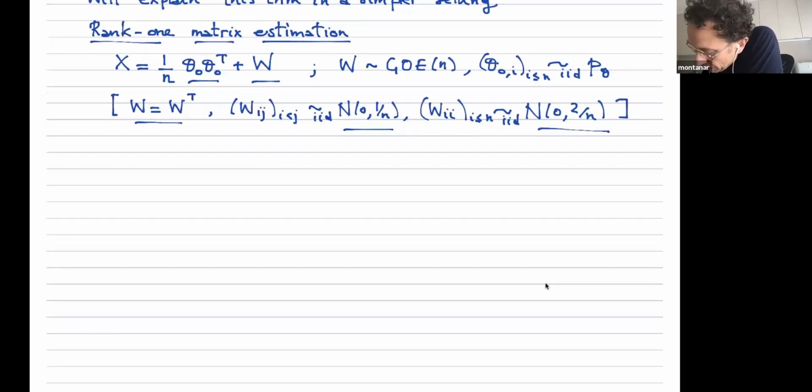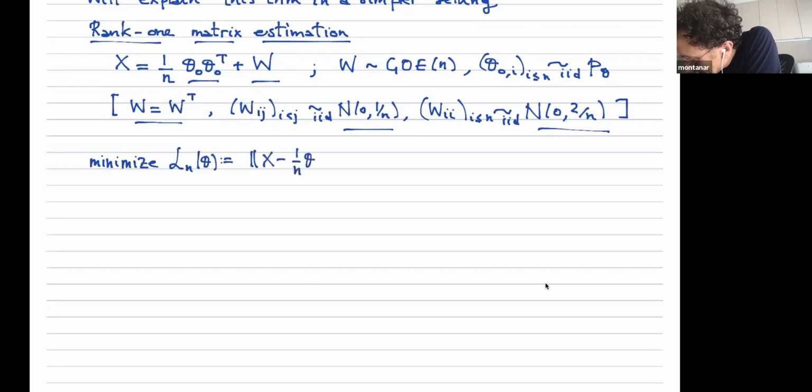So what would be the classical M-estimation, optimization approach to such an estimation problem? One example would be to minimize some loss function of the form, let's say, x minus 1 over n θ θ transpose, plus perhaps some regularizer of θ.